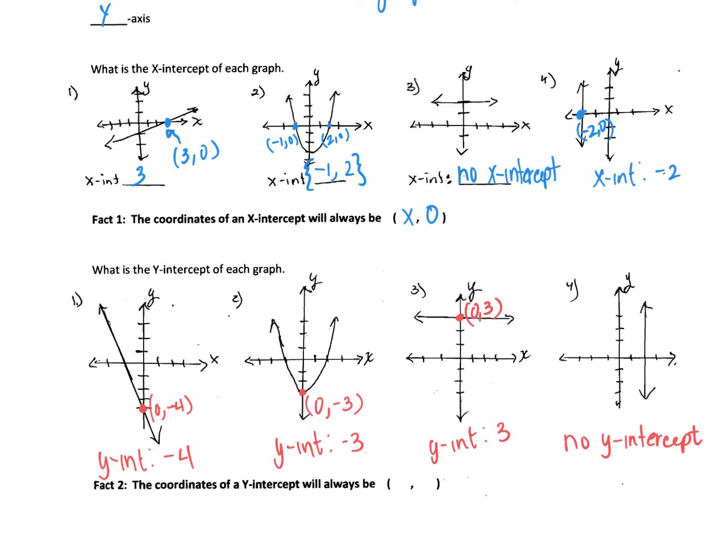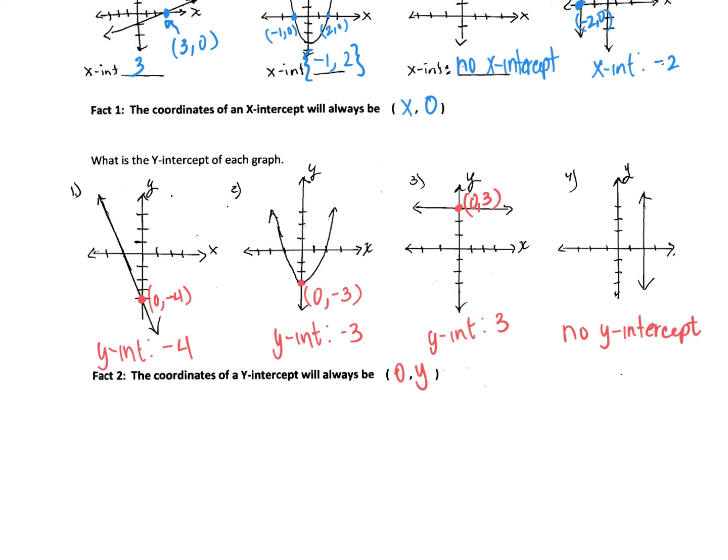And notice that all of my points on the x-intercepts had y values of 0, and the x was defined. And here, my y-intercepts have x values of 0, and the y has a number. So the coordinates of the y-intercept will always be (0, y), or 0, comma, the number.